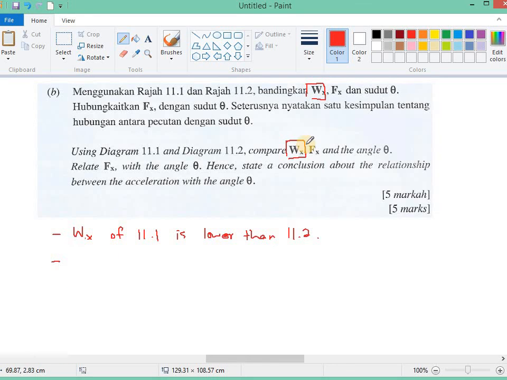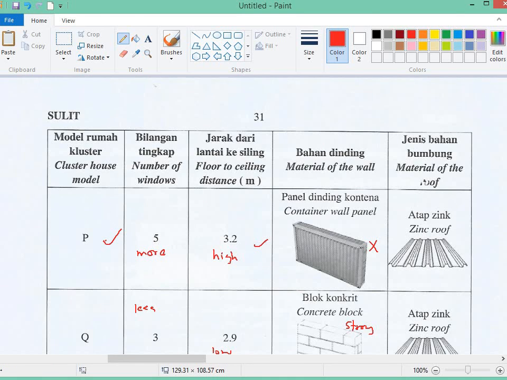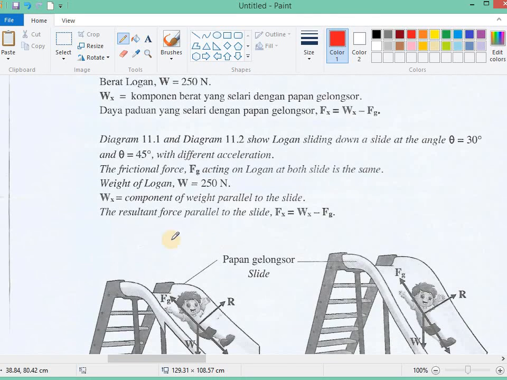After that, I want to compare the Fx. It's given in the question that the resultant force parallel to the slide is Fx. Fx is the resultant force. You have to refer back to the question. It says the resultant force parallel to the slide is Fx equal to Wx minus Fg.